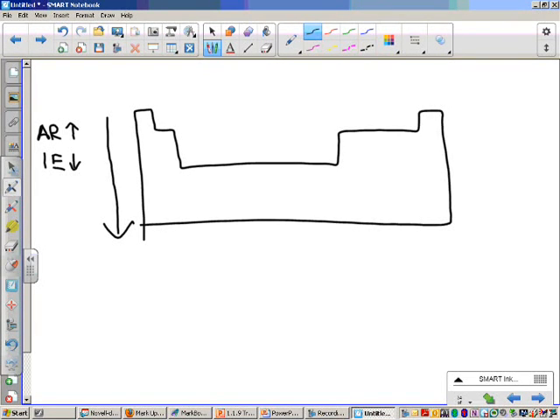Now, down here on the bottom, just before I talk about the next one, which is metallic character, for a good metal, what kind of ionization energy do I want? If it's a good metal, yep, low.